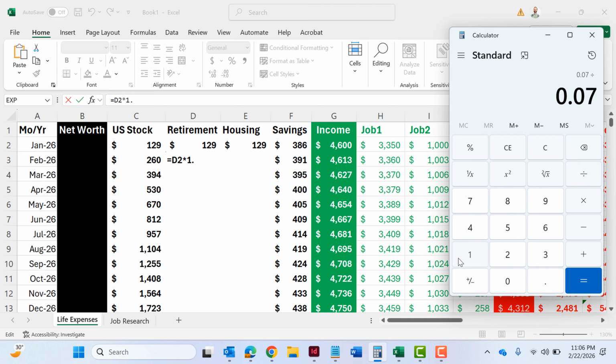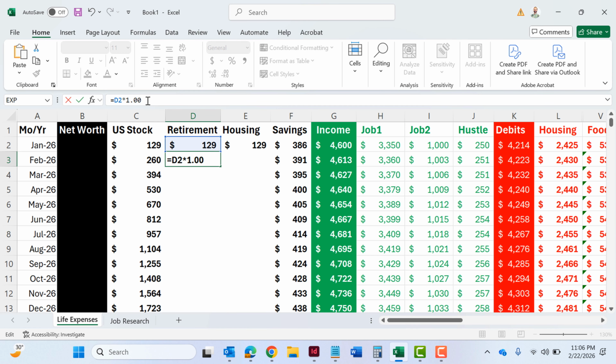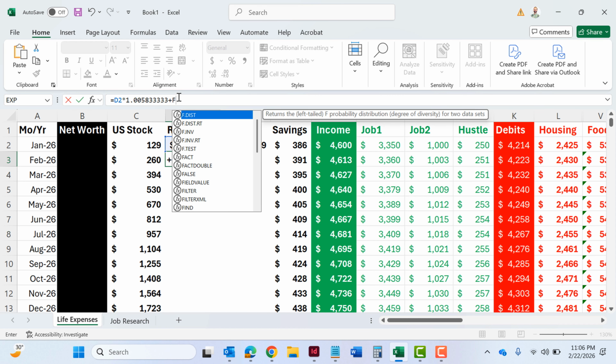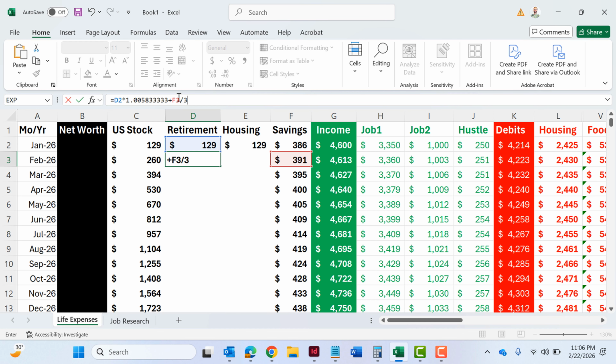We'll divide that by 12. So our new equation is 0.00583. 1.00583. And let's not forget, we're still adding. And this time we're doing F3. Oops. Careful how you type things in. F3 divided by 3.